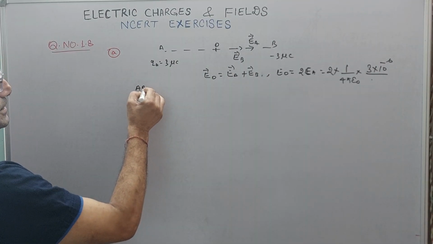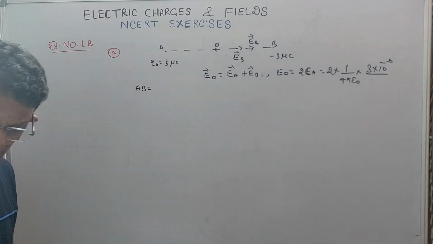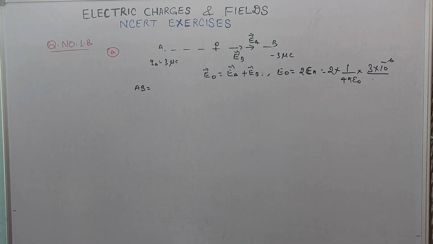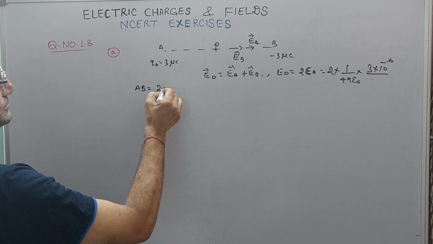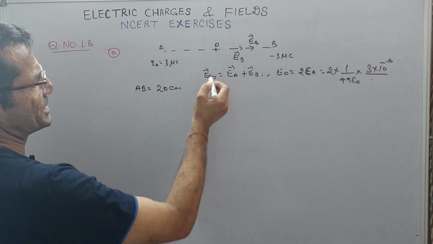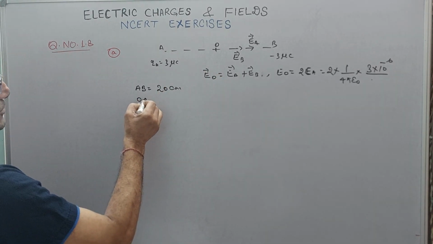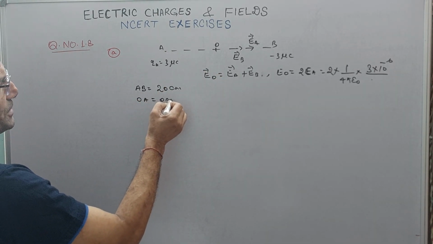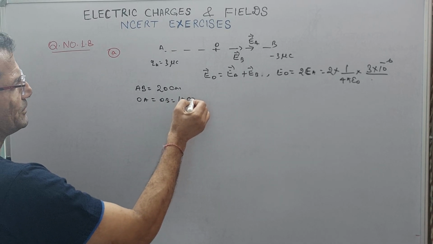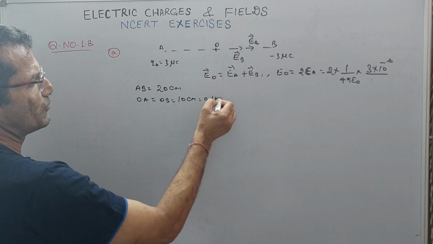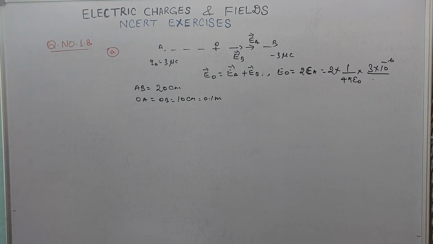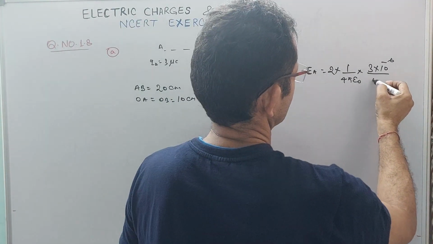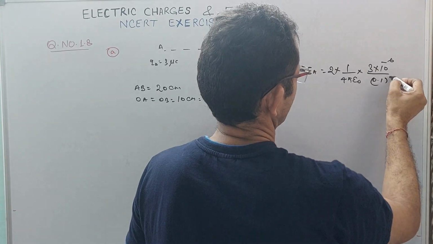AB is 20 centimeter. Obviously OA is equal to OB, which is 10 centimeter. You convert this in meter, 0.1 meter, divided by 100. So here R square is 0.1 whole square.